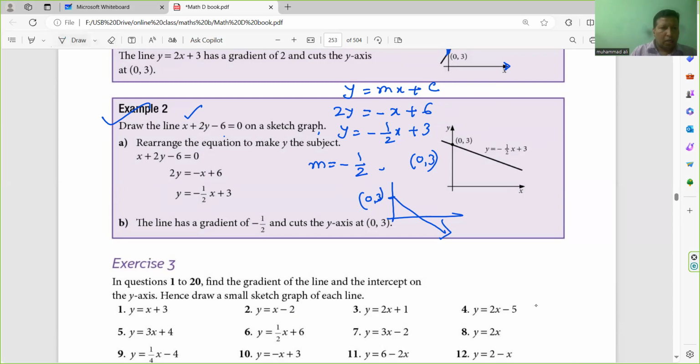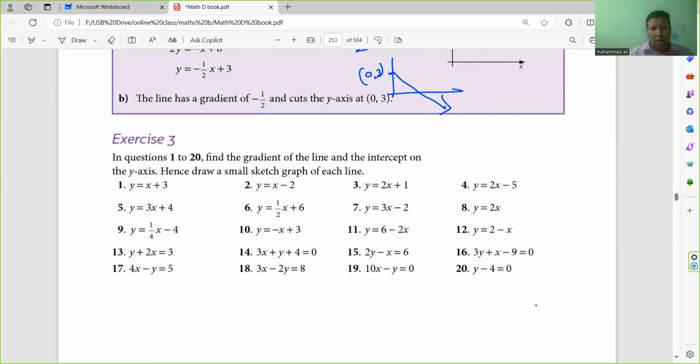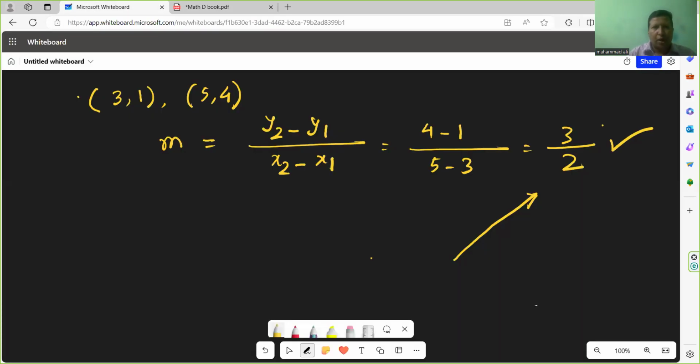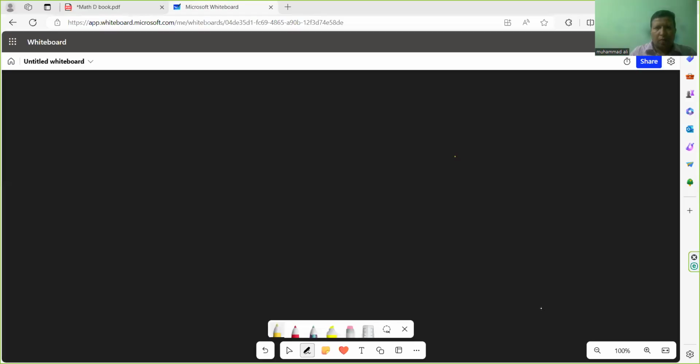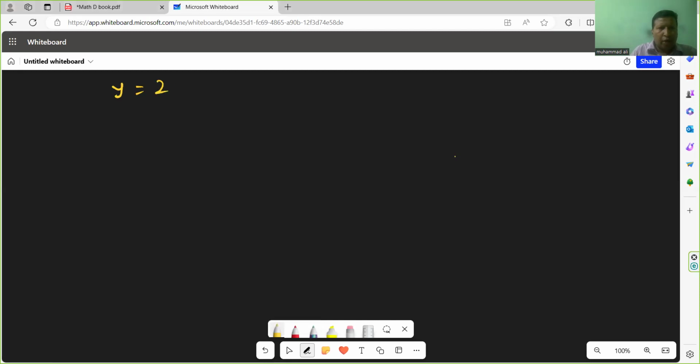Okay. Now from exercise 3, we try to do one question, number 3. y equals 2x plus 1. So on the whiteboard, I will write y equals 2x plus 1.